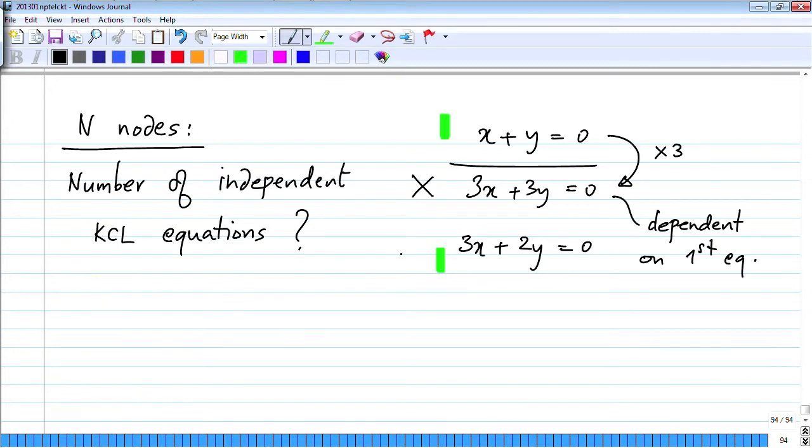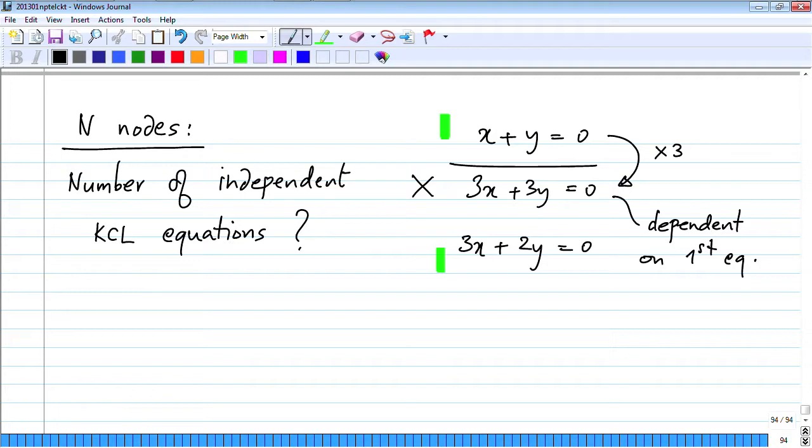At every node we know that the sum of currents flowing out of the node is 0. That is always true.